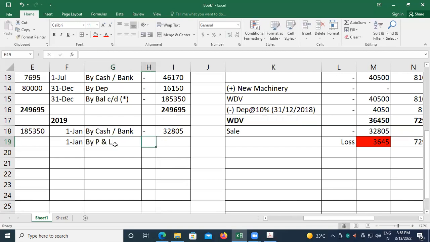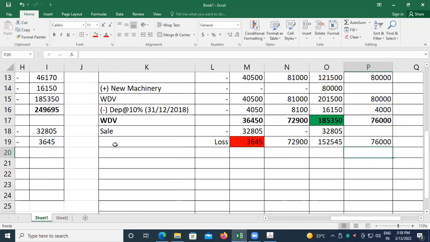But loss or profit, whatever is there, you should transfer to P&L account. So we got loss of 3645 rupees. I told you, remember in the beginning, selling price is equal to cost price plus profit. It may be sometimes profit or sometimes loss. So we got a loss, 3645 is the loss.